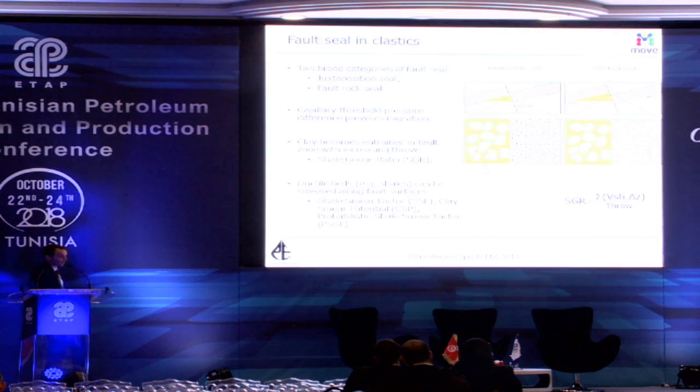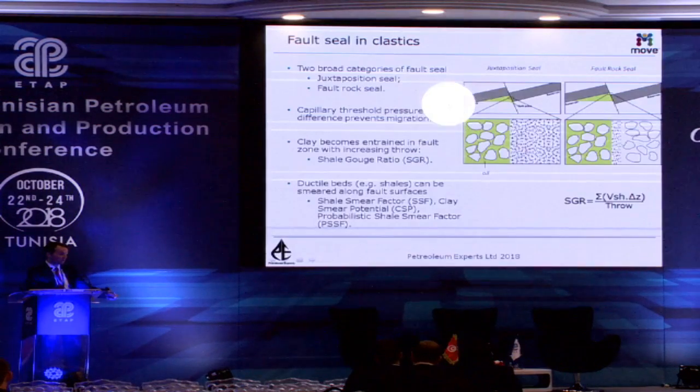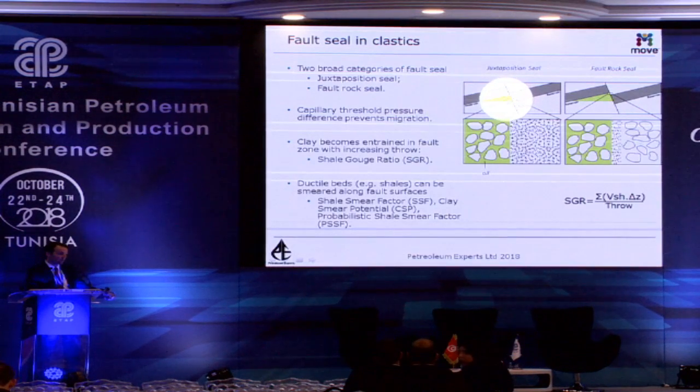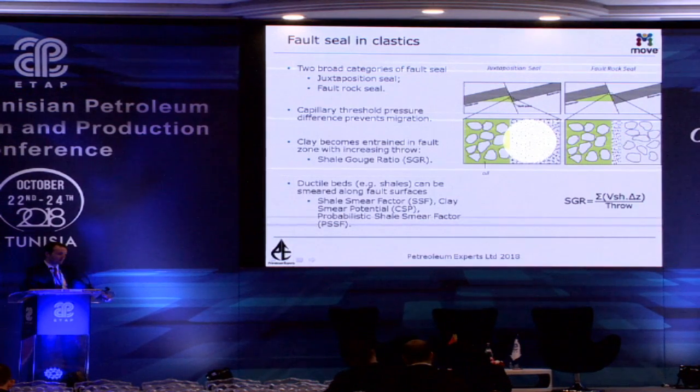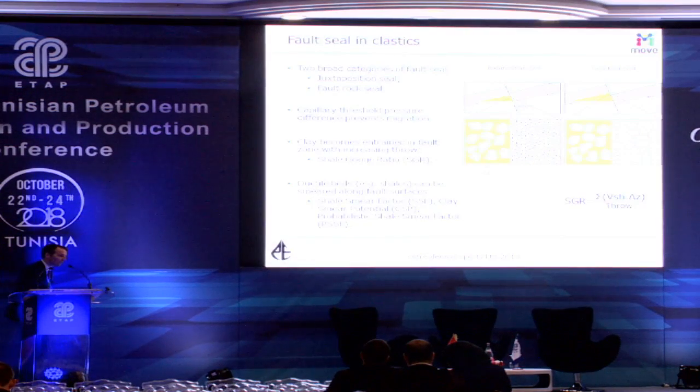But to talk about fault seal for a moment, generally when we're doing fault sealing analysis, there's two primary types of fault seal that we can group the methods into, and that is juxtaposition seal and fault rock seal. Juxtaposition seal simply means we have a porous rock on one side and something like a shale, something impermeable on the other side. So we have great big pore throat sizes in, say, a sandstone, and then it's juxtaposed against a shale, and the capillary entry threshold pressure difference means that the fluid can't migrate across the fault and it's trapped on one side of it.